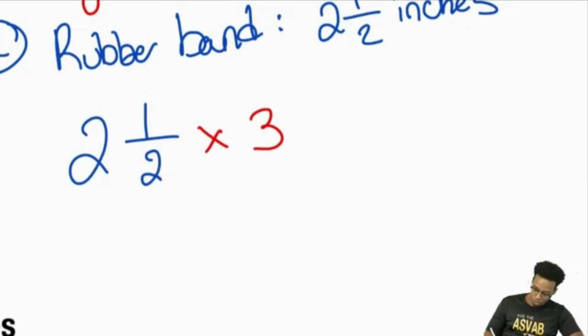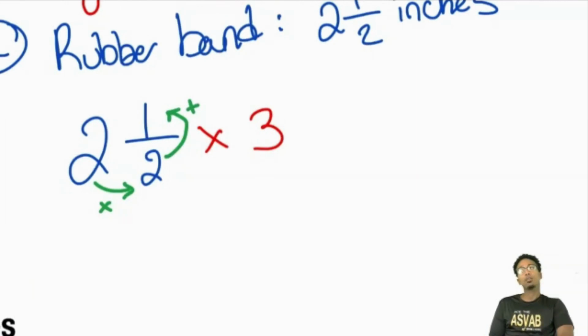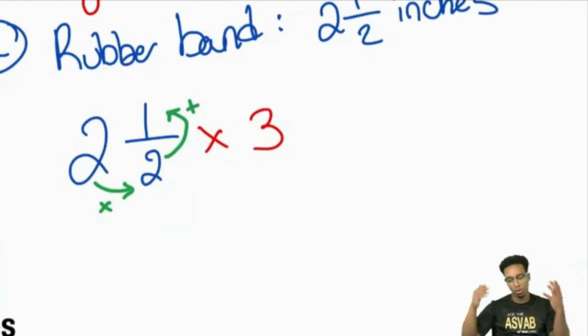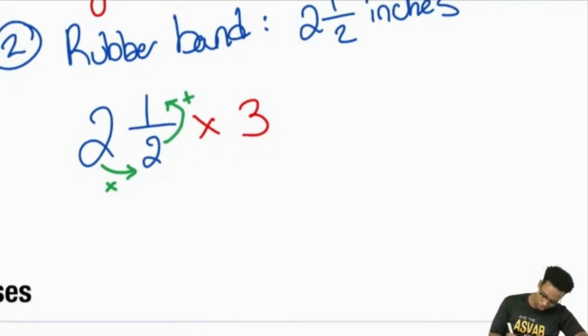So what you do is you multiply here, and then you continue on up here and add. So everybody, 2 times 2 is 4, plus 1 gives me a new numerator of 5. So this changes to 5 out of 2. Again, step 1, multiply. Step 2, add.